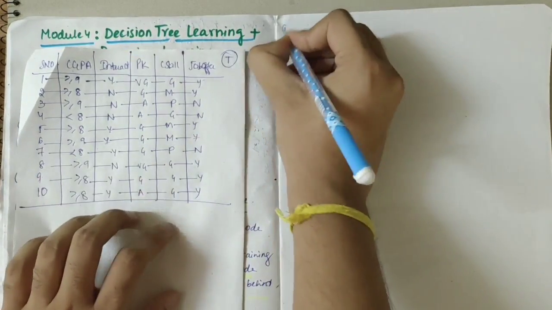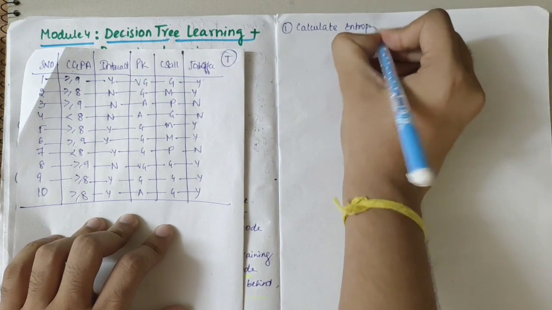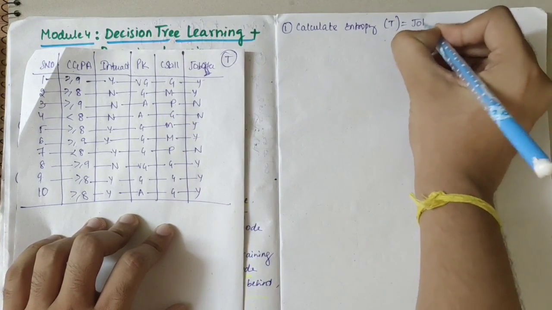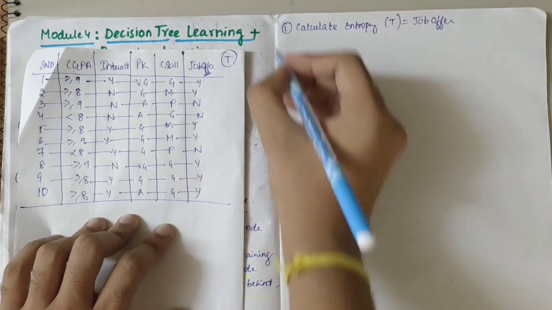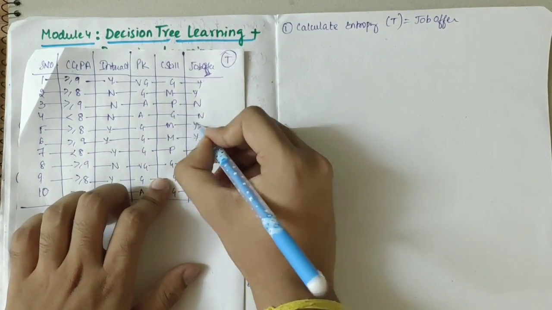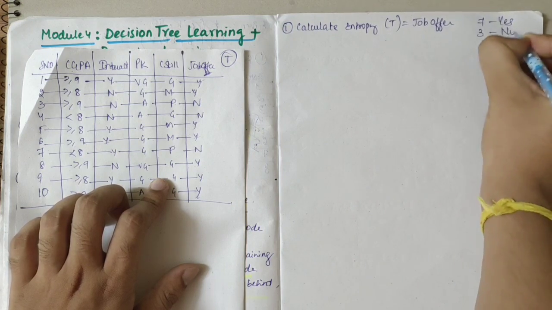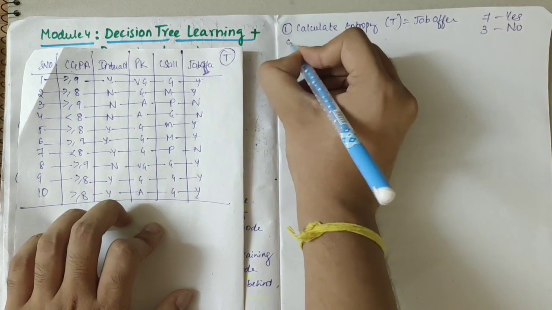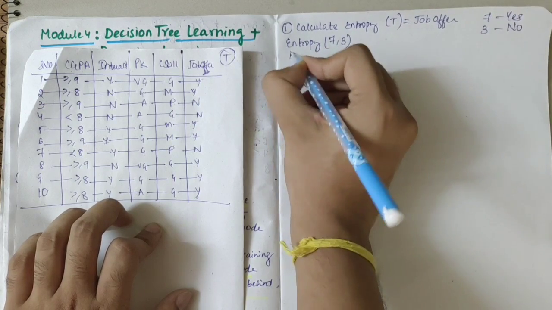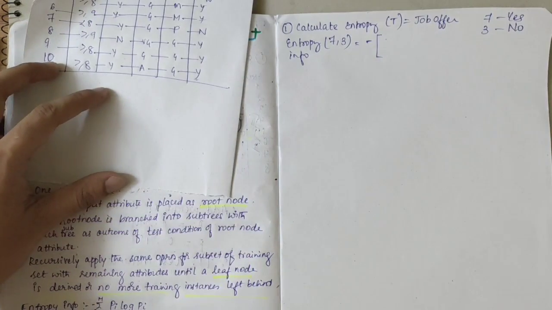Firstly, our first step is to calculate the entropy for the target class. Here the target class is job offer, right? In the case of job offer, there are 7 yes and 3 no. So calculating the entropy, it would be entropy info of (7,3), with the minus outside, as we have discussed here.